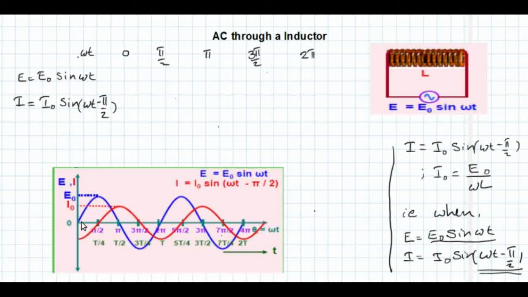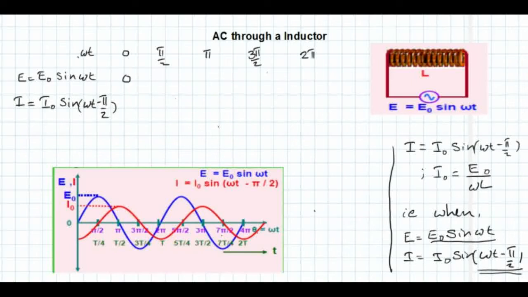And when the EMF increases to maximum from 0, at pi by 2 the EMF is maximum, then you can see the current is 0. The red color represents current only, the current is 0. So this way EMF leads and current lags behind the voltage.